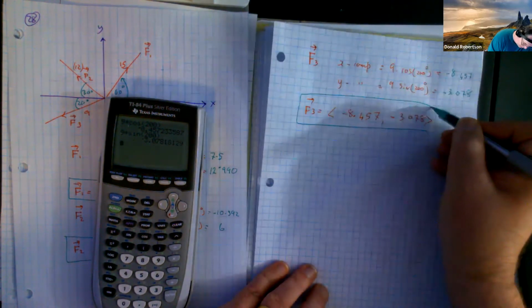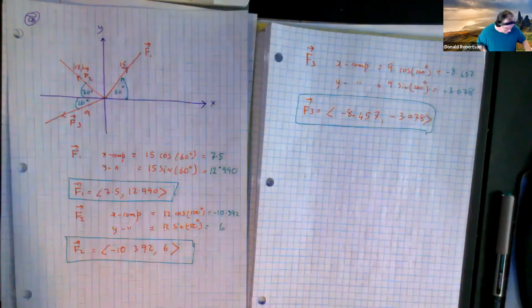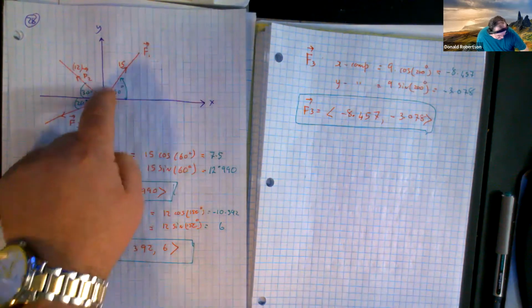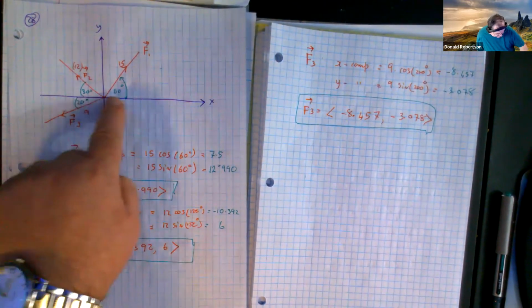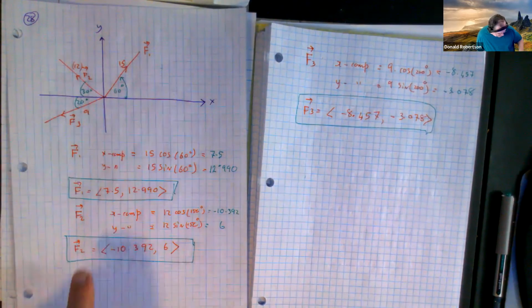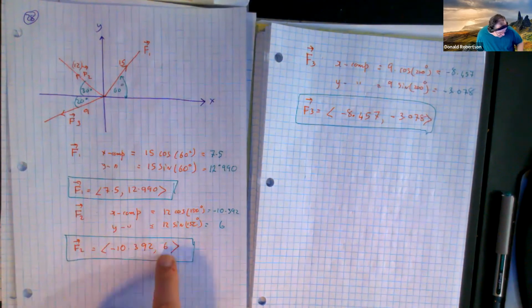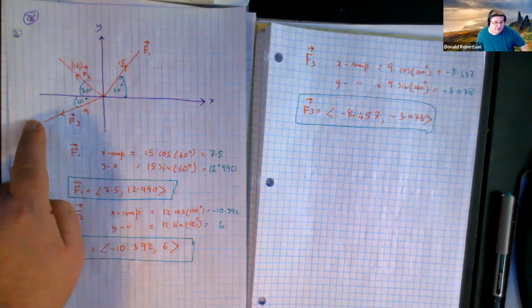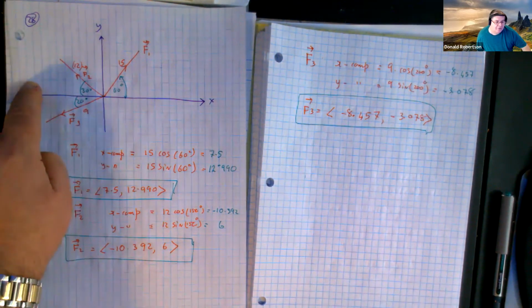When you're doing these kinds of questions, it's a good idea just to do a very quick check. This vector here, F1, 7 and a bit by 12 and a bit. That makes sense, right? It's pointing in the right direction. The second one is negative 10, 6. Would you agree? Negative 10 up 6, that fits. Isn't F3 negative something, negative something?